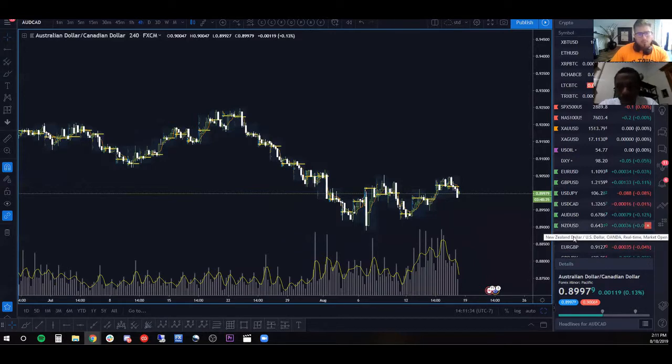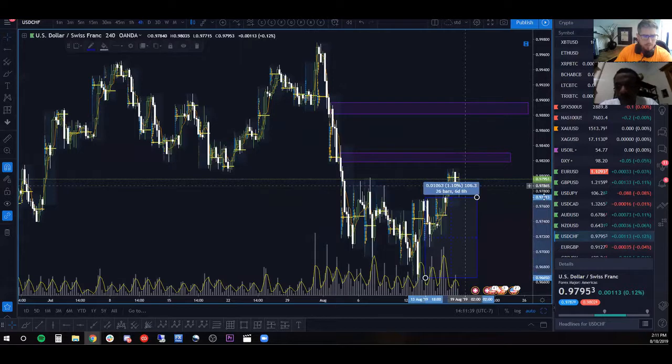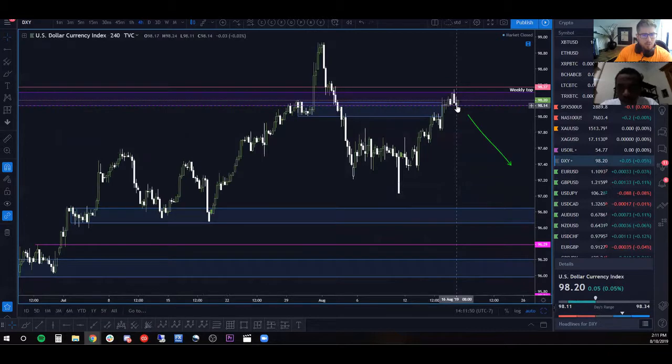Right, so one more pair I did want to talk about. I noticed something, you guys can disagree, but I feel that this move was quite small compared to our move on the Dixie here.